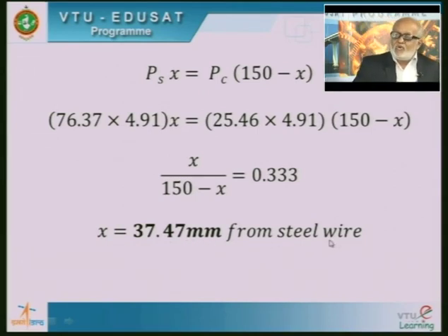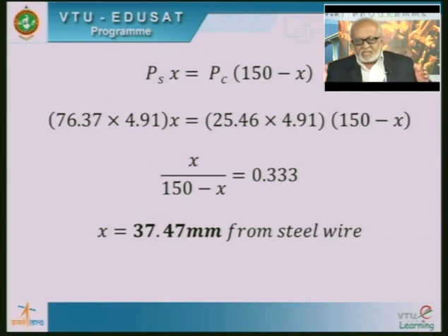So, the load is suspended closer to the steel wire, because it is only 37.47 mm from the steel wire. If we suspend the load closer to the steel wire, obviously both the wires will undergo same elongation, as a result of which the bar remains horizontal.